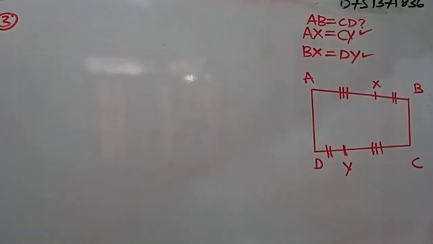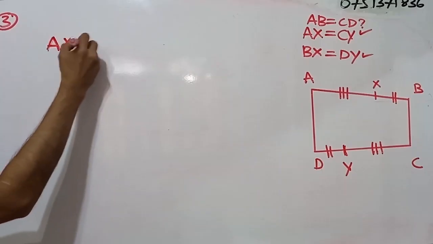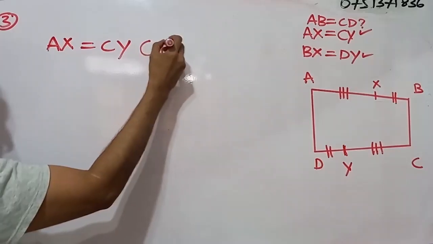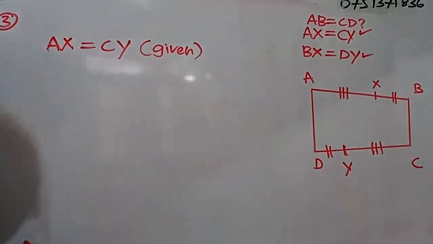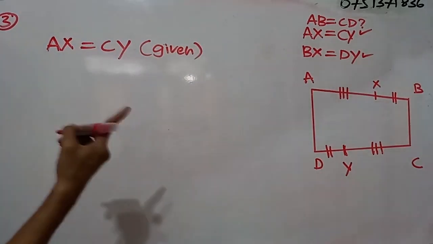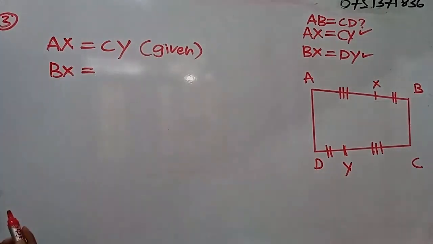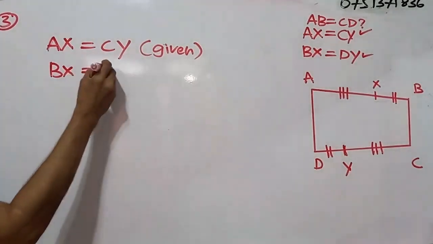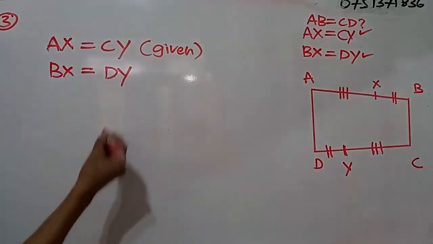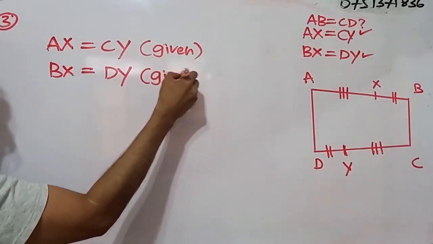Okay. So we know that AX is equal to CY, no? So that is already given to us. Then BX, or XB, we will take as BX. BX is equal to DY. That is also given.